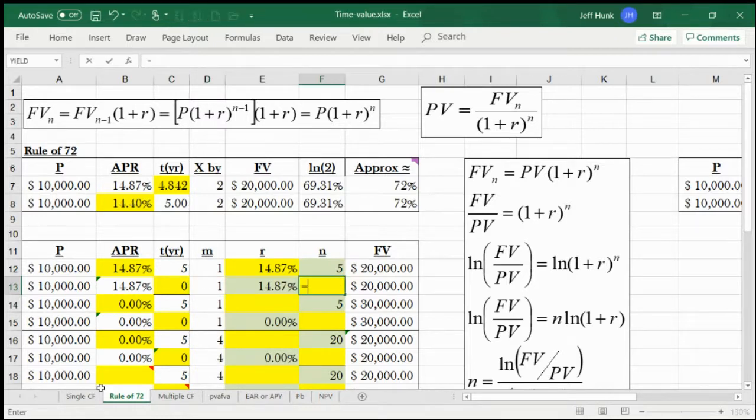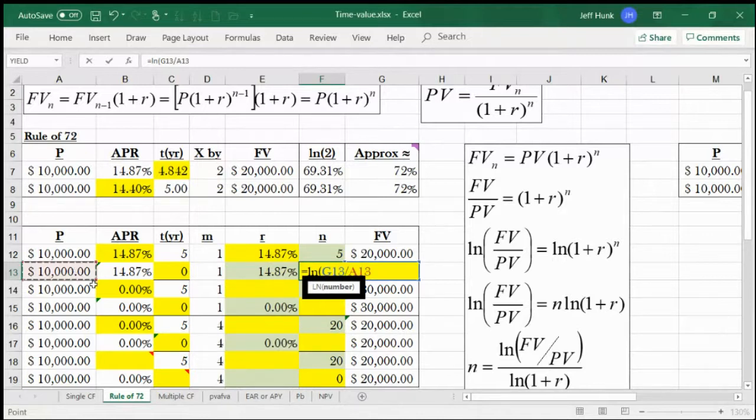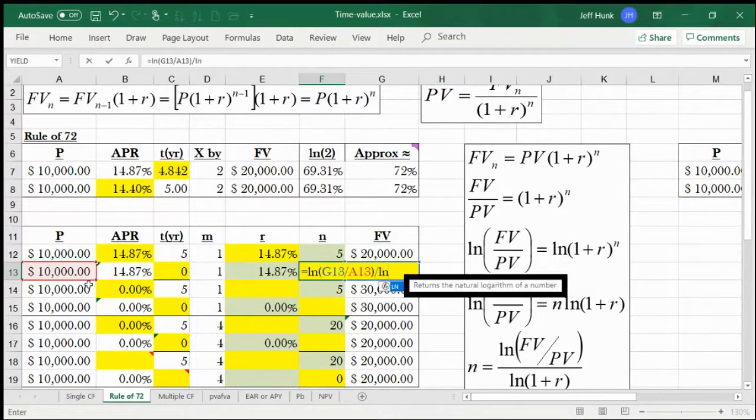So basically, the formula is natural log of future value over present value, divided by natural log of 1 plus, in this case, R, the periodic rate. And periodic rate is the same thing as APR because the compounding frequency is just annual.